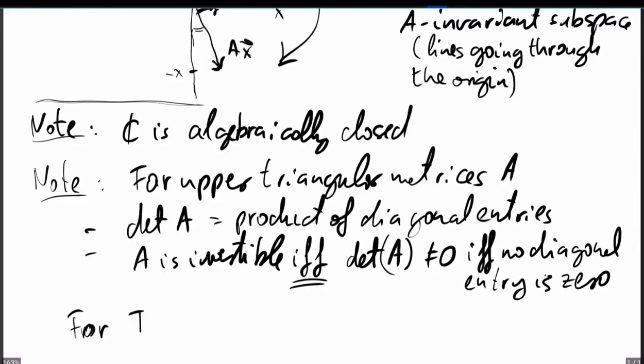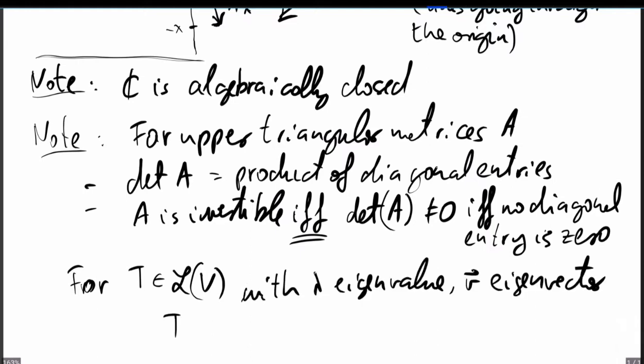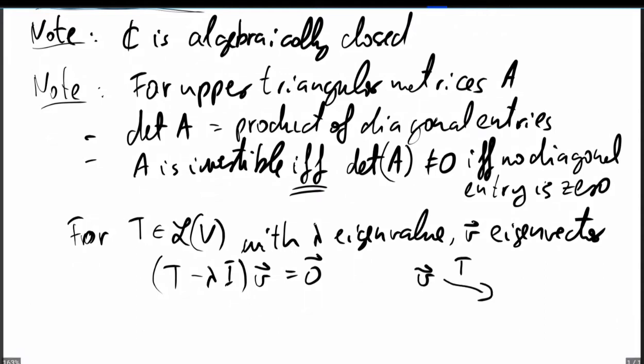And also, for linear operators, if you have lambda an eigenvalue and v an eigenvector, we have that (T minus lambda I) applied to v is the zero vector, which means the non-zero vector v is mapped to the zero vector. Of course, the zero vector is mapped to the zero vector under all linear transformations.